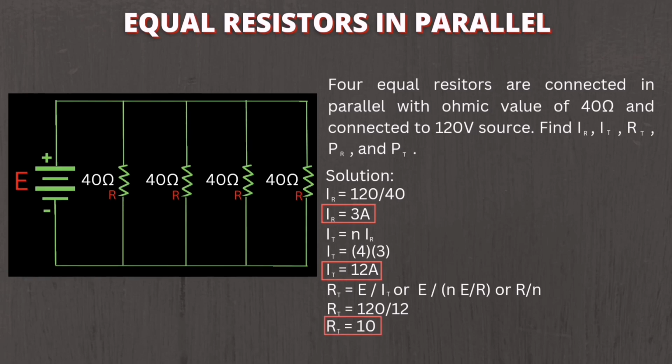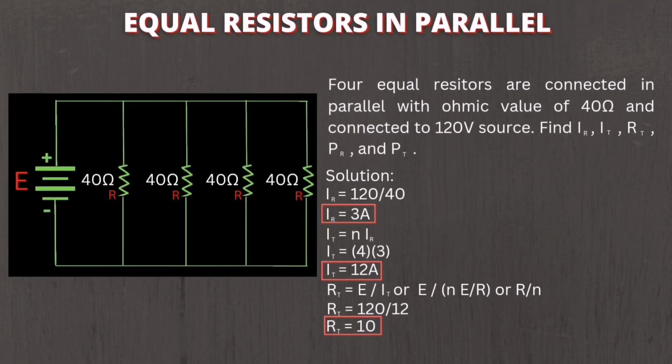Or it can also be solved by E divided by N multiplied by E divided by R. And the solution is 120 divided by 4 times 120 all over 40, which is equal to 10 ohms. Or simply R divided by N, which has the solution R total is equal to 40 ohms divided by 4, which also results in 10 ohms.